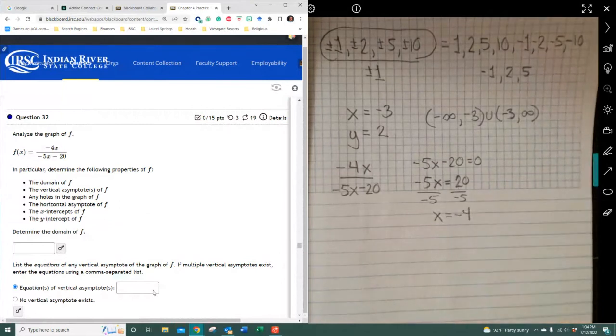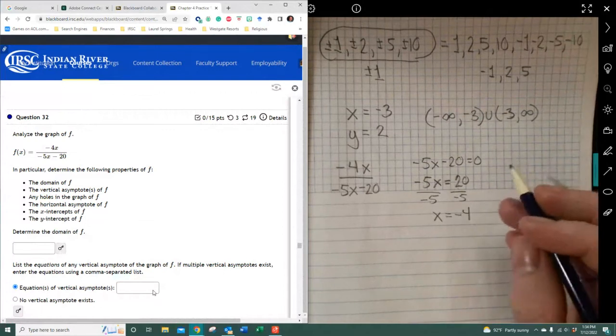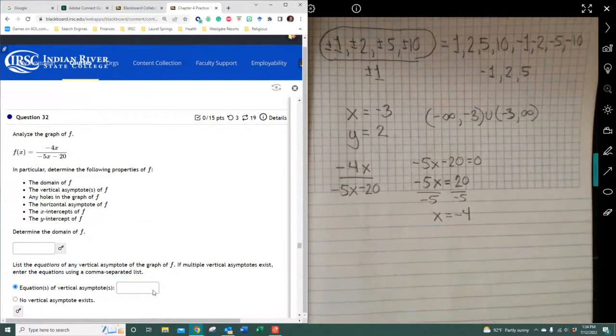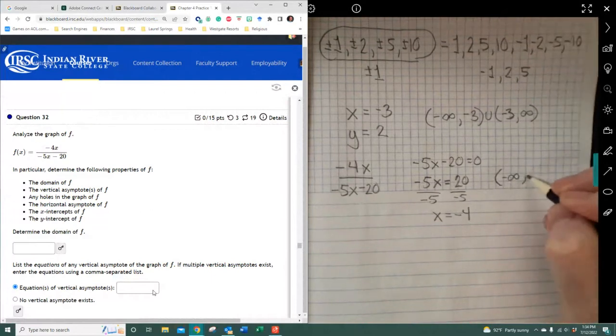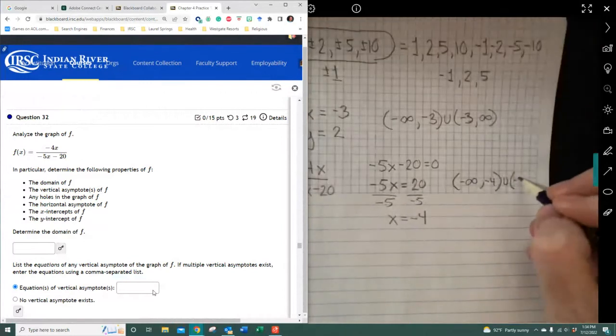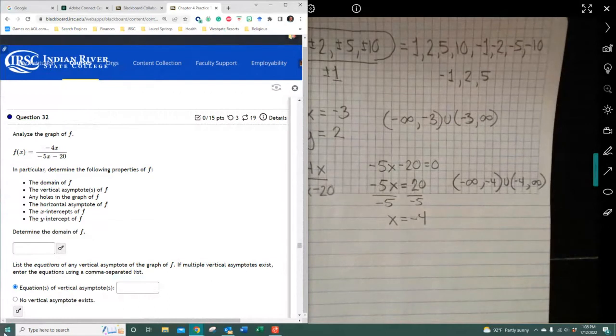And we get our answer of x equals -4. Now, the domain then would be from -infinity to -4, and then jump over -4 and move on to positive infinity. So there's what we're looking for on that one.